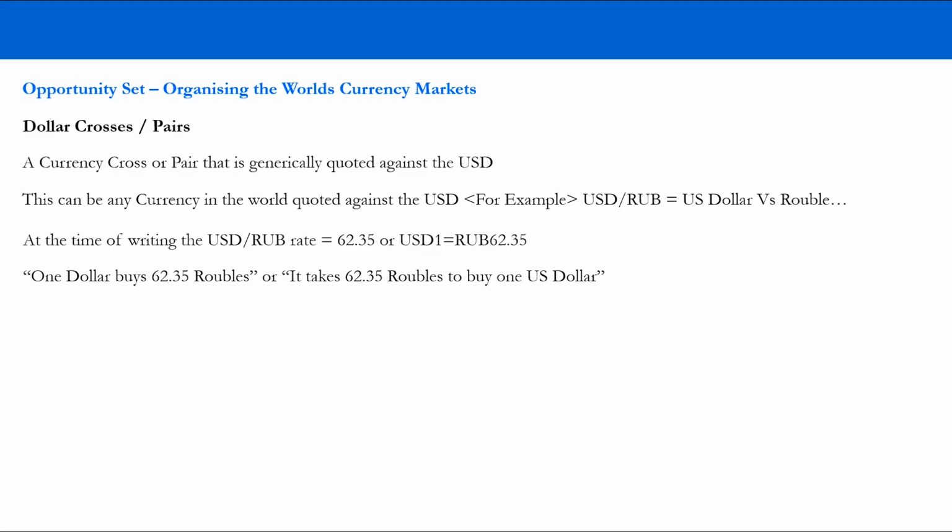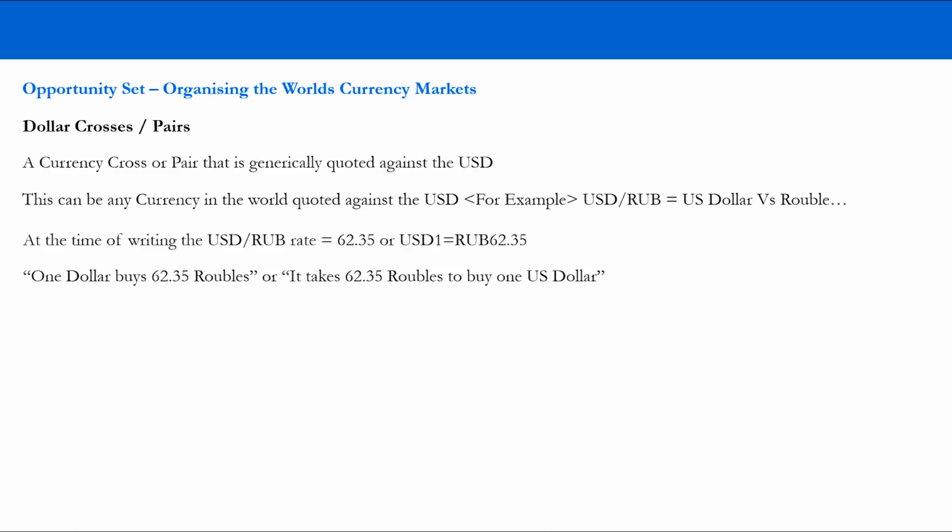Another way in which participants, so conflict of interest participants in the Forex markets, segment currencies, is you will find brokers, investment banks, media outlets, so television, newspapers, online media, everything tends to get quoted against the big currencies.